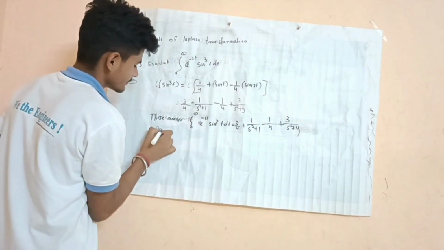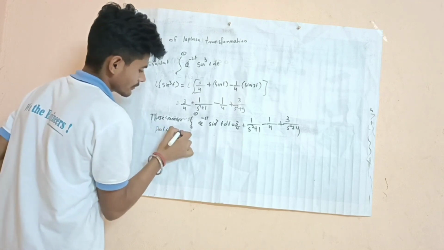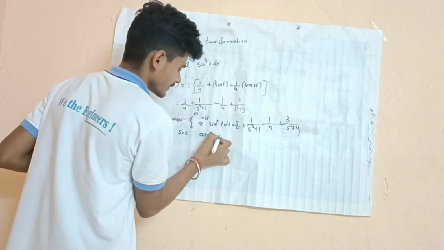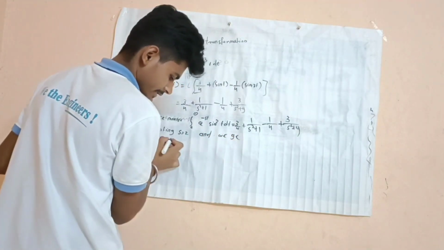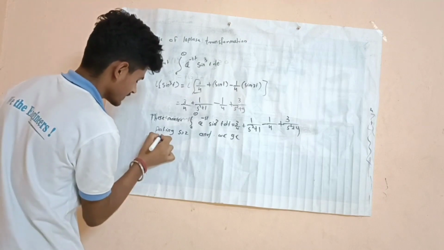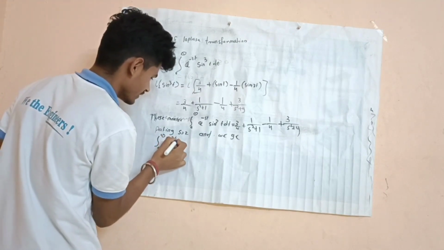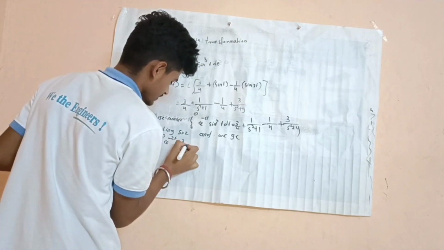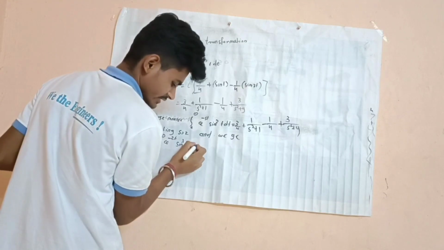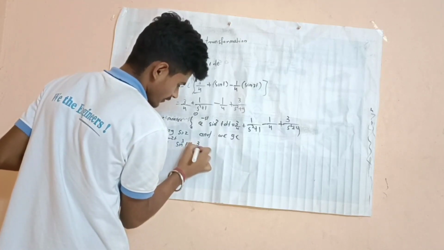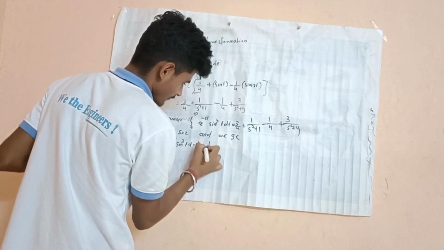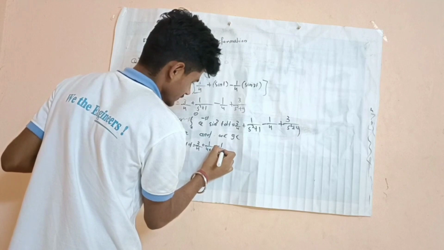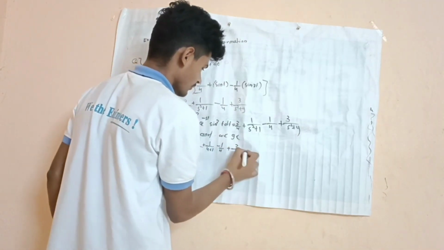So next, putting s is equal to 2, we get the integration from 0 to infinity of e raised to minus 2t sin cube t dt is equal to 3 by 4 into 1 by 4 plus 1, minus 1 by 4 into 3 by 4 plus 9.